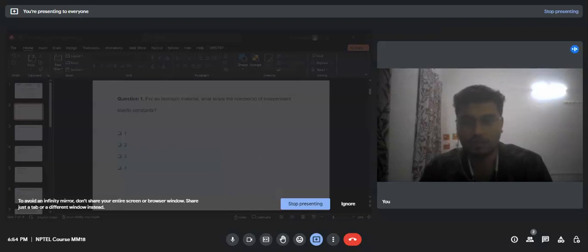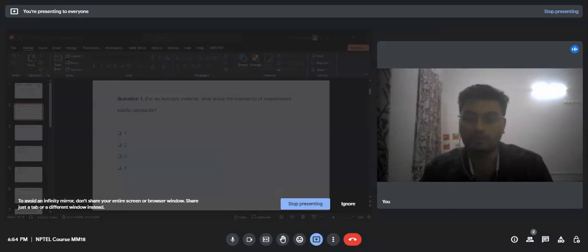Here, instead of Young's modulus, we'll take the bulk modulus, B equal to minus P upon change in volume upon volume.